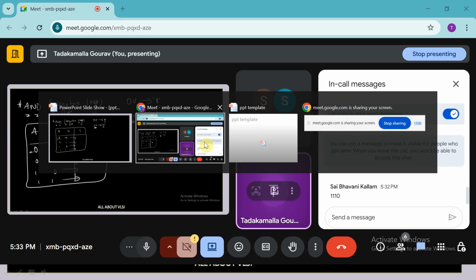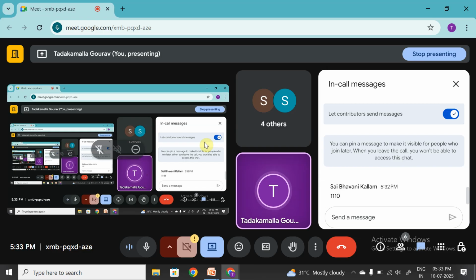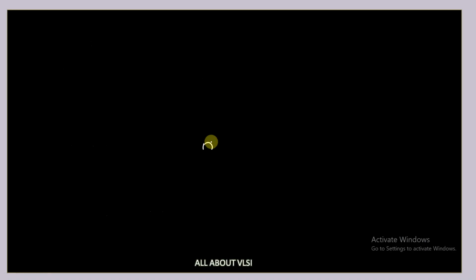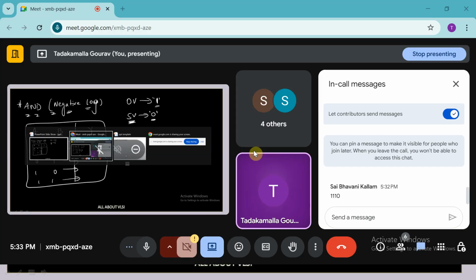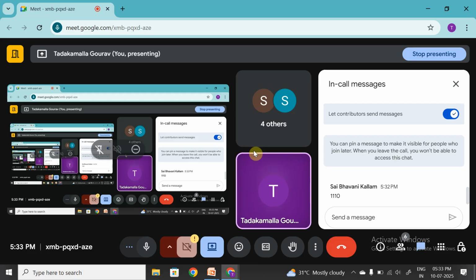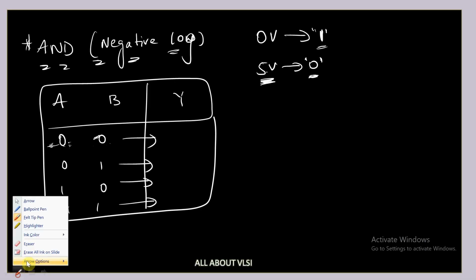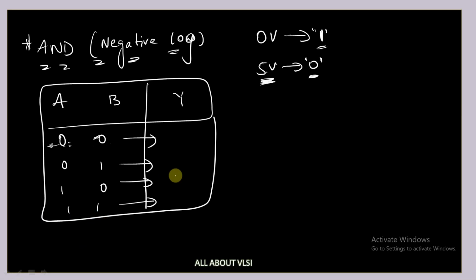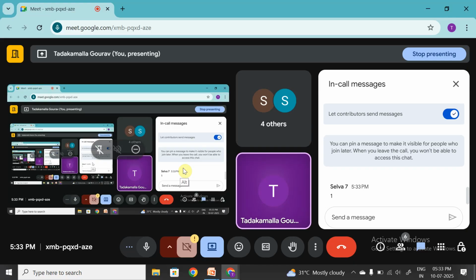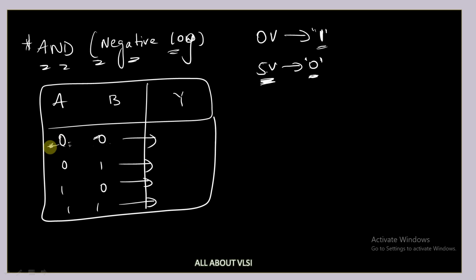So what is it going to have, 1 or 0? Please tell me in the chat box. Yes, guys, I'm waiting for your response. This is 0, and this is 0.